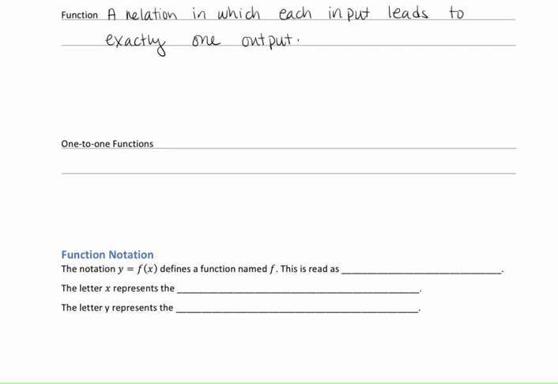So let's start with a quick sketch. Let's say our inputs are A, B, and C. This is my set of inputs. And here's my set of outputs, say R and S. I'm going to have A go to R, B go to S, and C will also go to S. Is this a function?